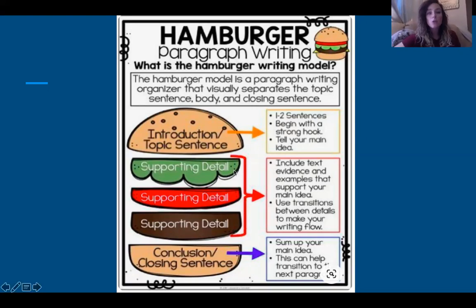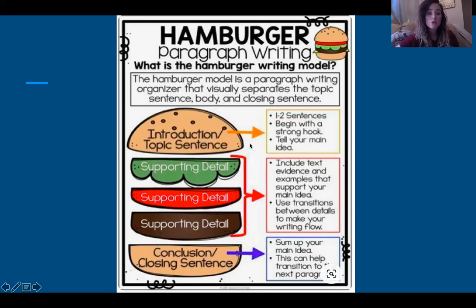So, you want to pull the reader in and make them want to read your writing. So that begins with a strong hook. You want to tell your main idea. That's the most important thing, is to tell your main idea of the story or of what you're writing. With informational writing, we'll show in just a minute, it's all about facts, about something that we know.